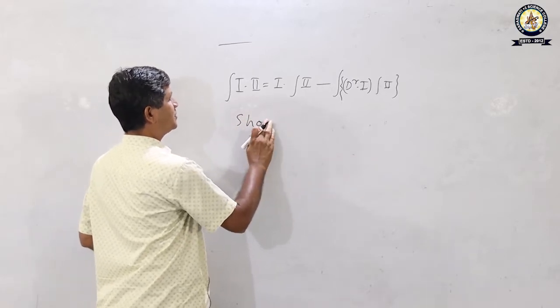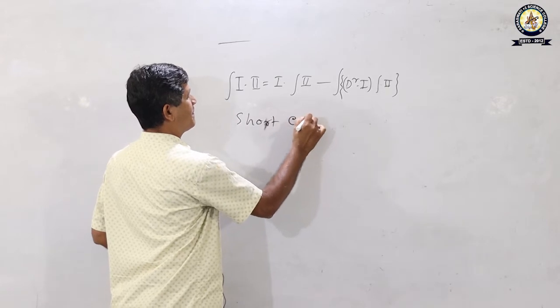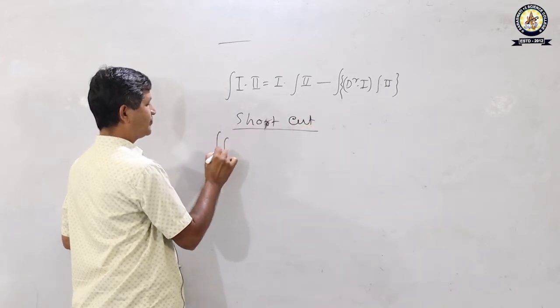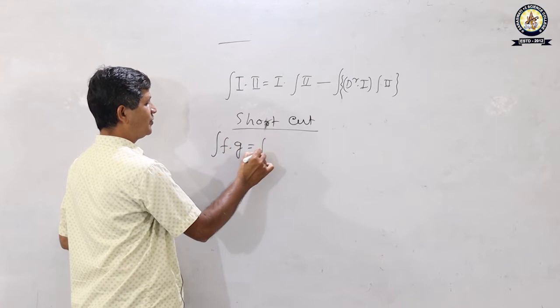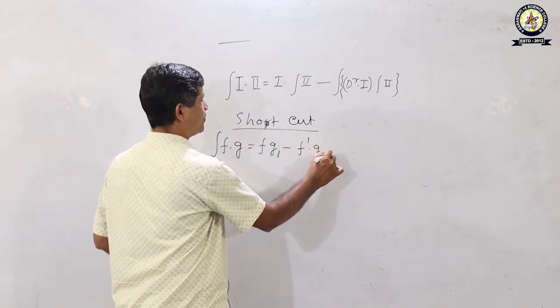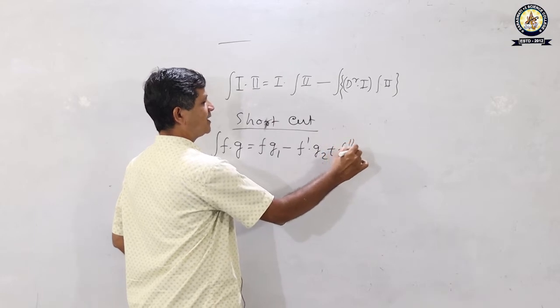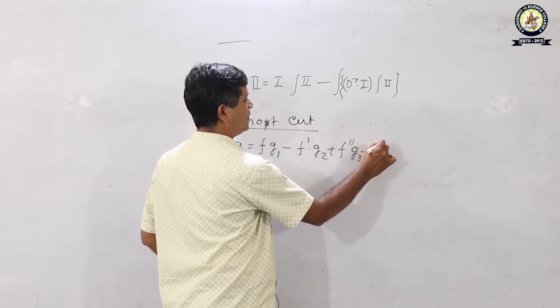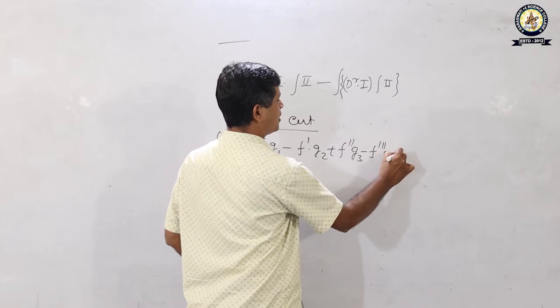This is the shortcut formula: integration of f into g is equal to f into g1 minus f dash into g2 plus f double dash into g3 minus f triple dash into g4 plus and so on.